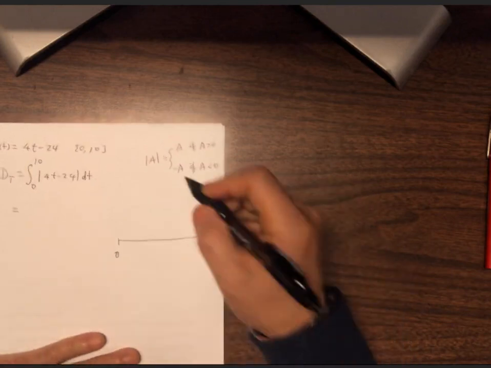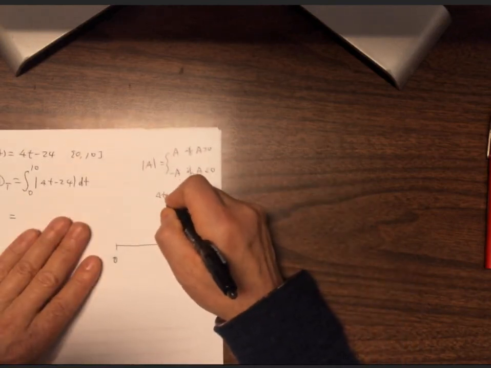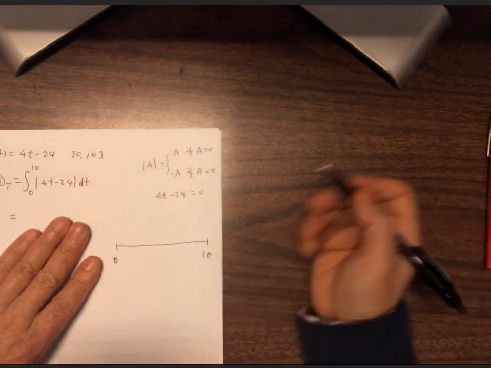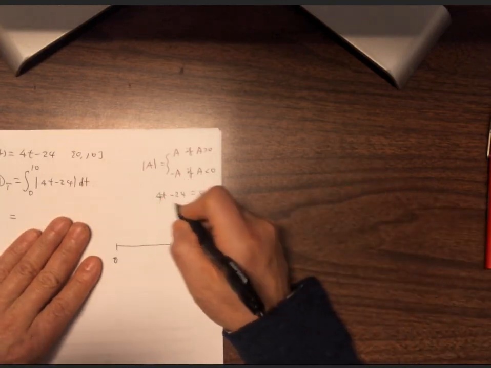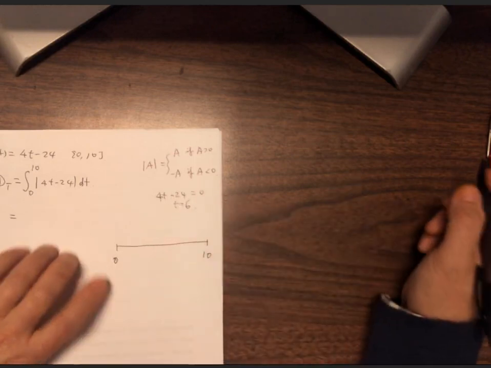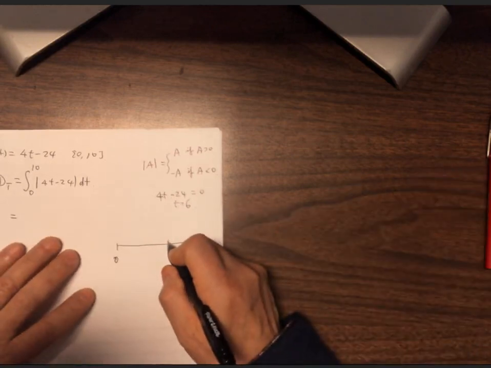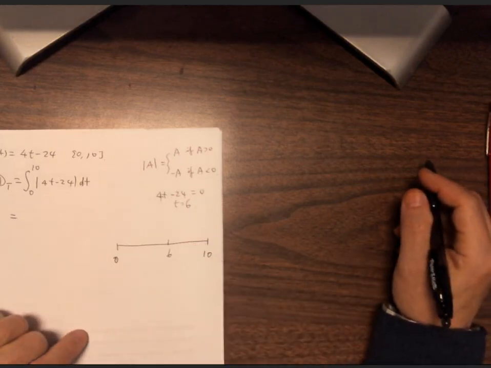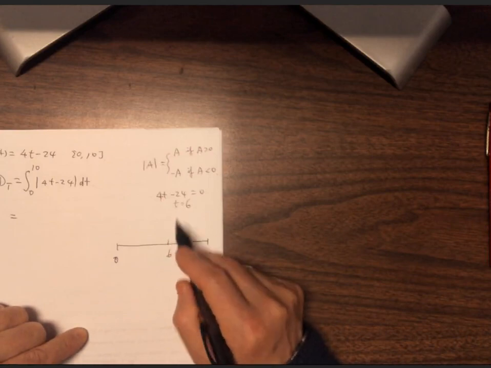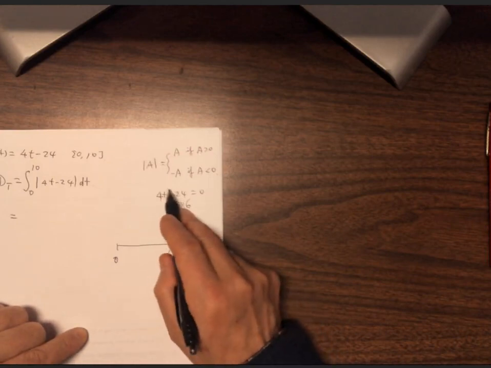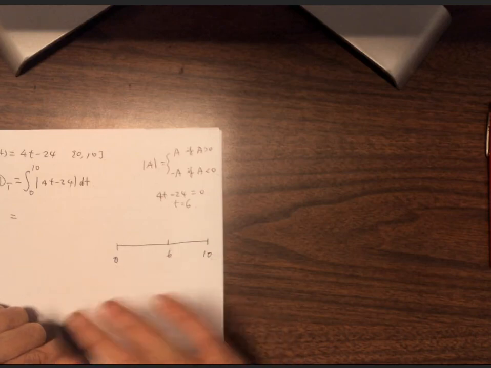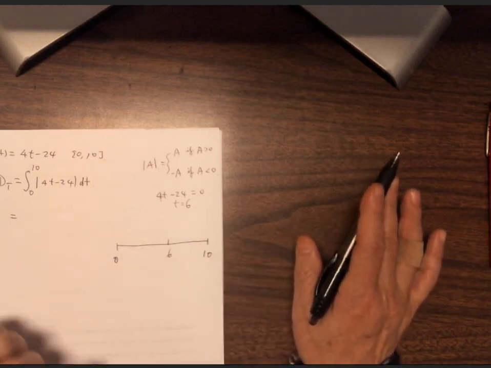Algebraically, we first find where it's 0. So we set it to 0 and solve for t. Now this is simple work. 24 moves over, t equals 6, easy enough. Now we know there's only one solution, 6, so only at 6 will 4t minus 24 be 0. It's not going to be 0 elsewhere.